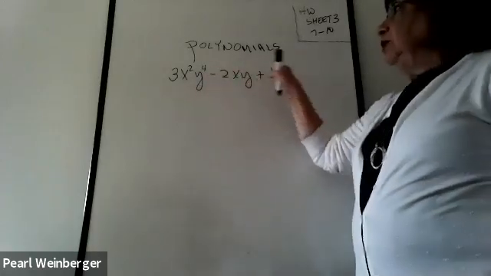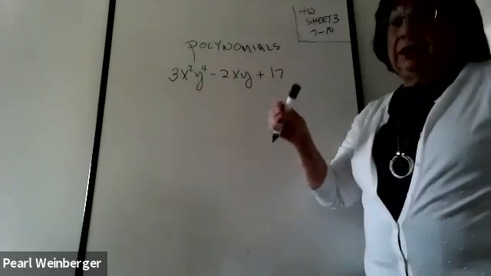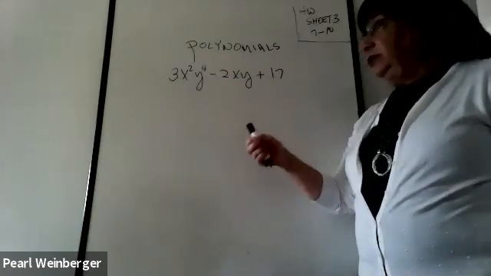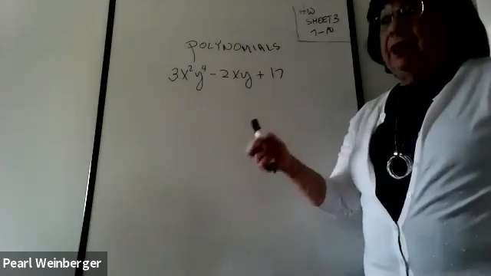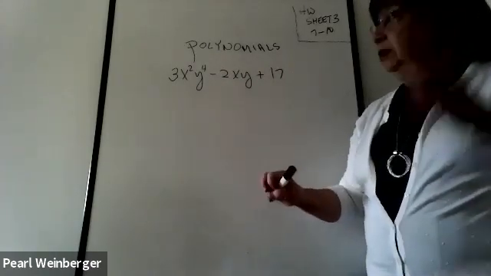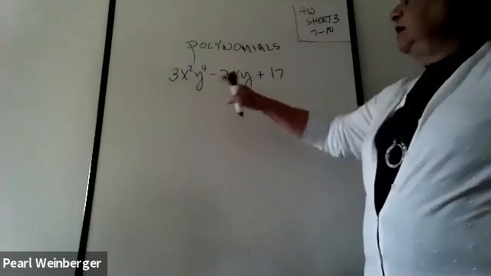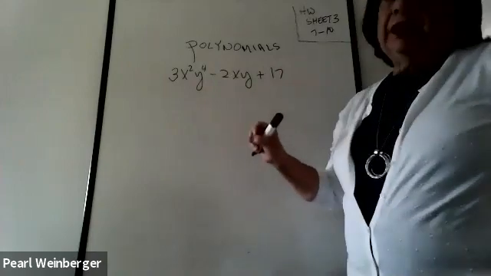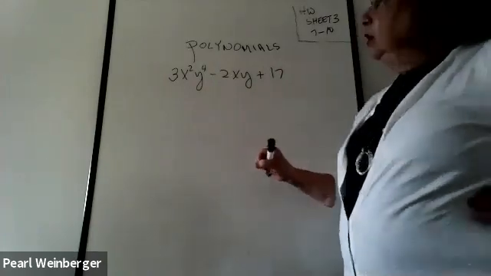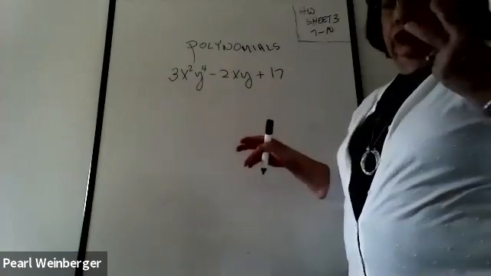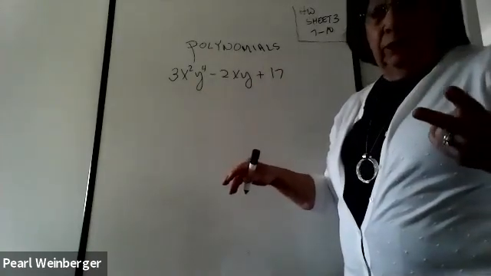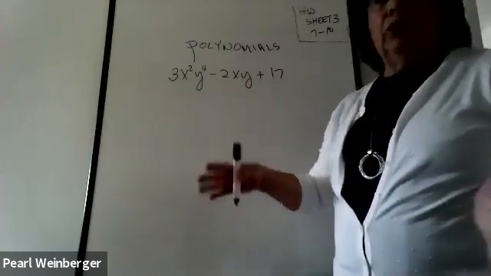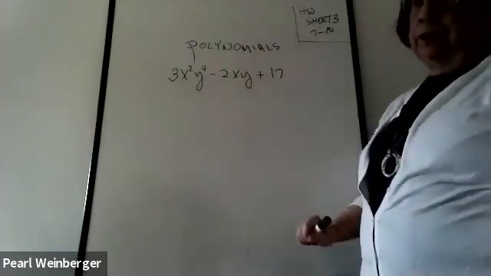None of these terms are what we call like terms, because in order to be like terms, the letters, the variables, and their exponents have to be identical in each term. This actually has 3 different terms, so it's called a trinomial. Something with just 2 terms is a binomial. And if you have 4 or 5 or 6 terms, then it's just called a generic polynomial.